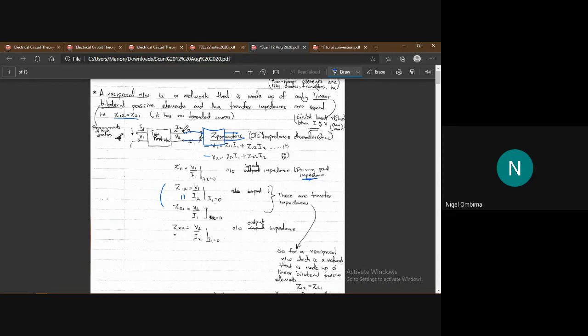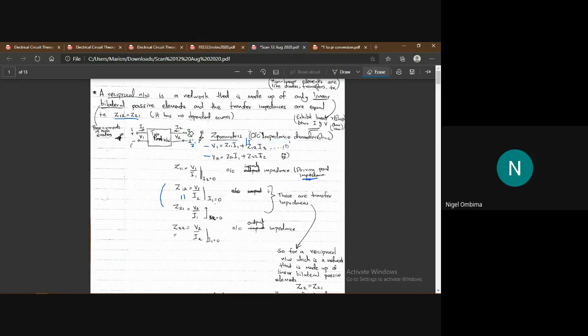The input of the next one is the output, 2, then 2 like this. Then this side will be 1 now, the input side. So we just do it like that. That is image impedances. It will be 1, then 1, and the other side will be 2, 2, just the same pattern. That is image impedances.